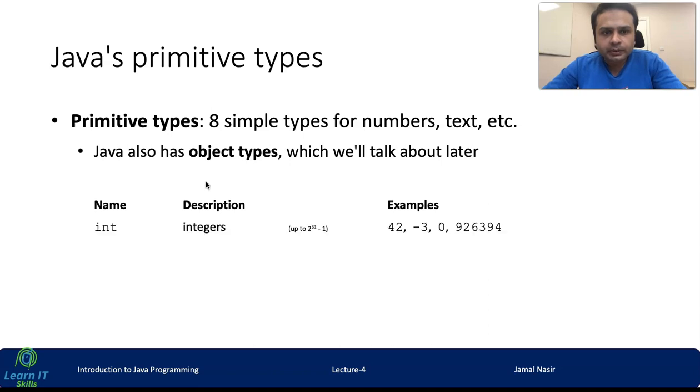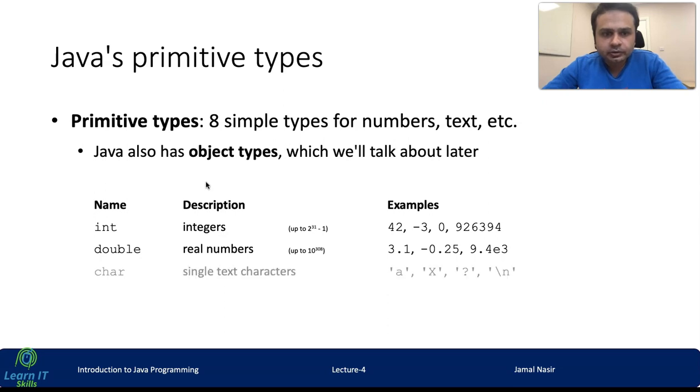For example, int is one primitive type of Java, widely and commonly used to store integer values, discrete values, not continuous values, and it has some range to store values. Then we have double, used for real numbers. Then char, to store a single text character, A, B, C, right, or any exclamation mark.